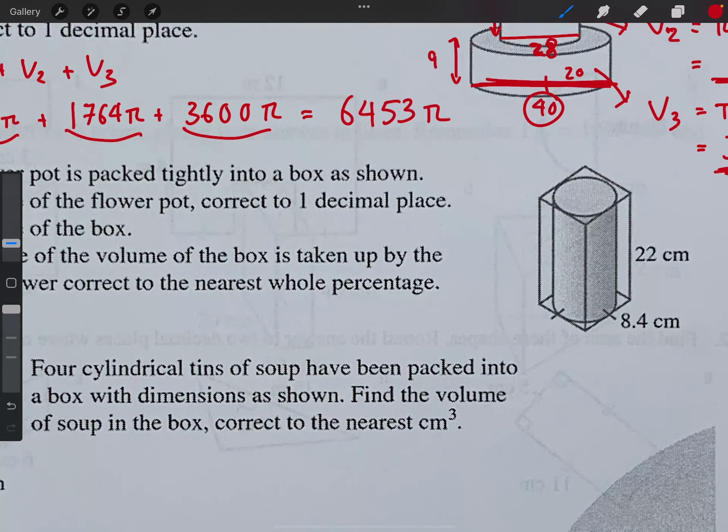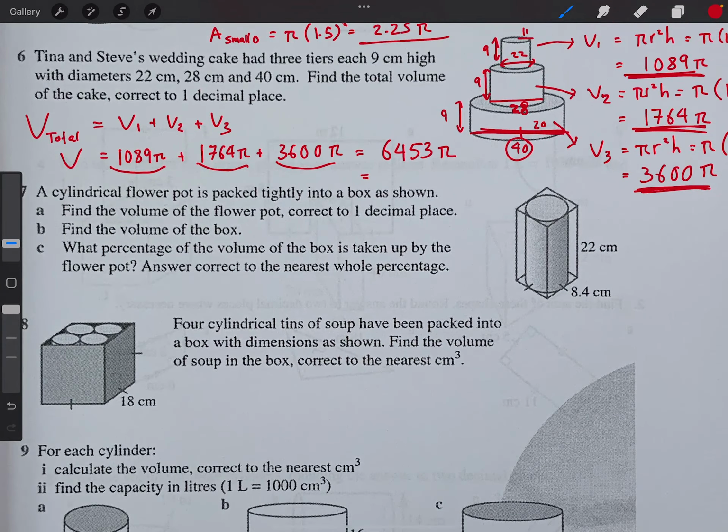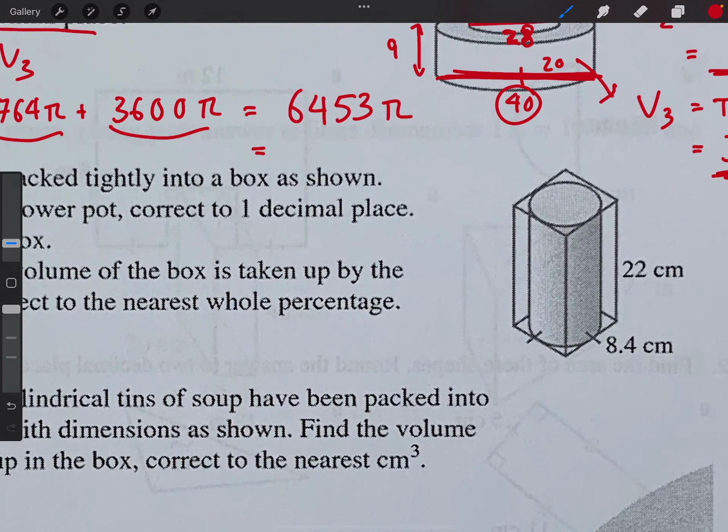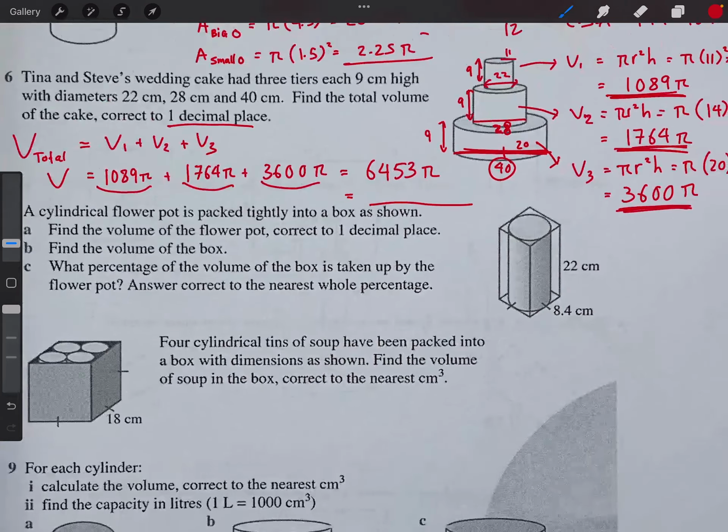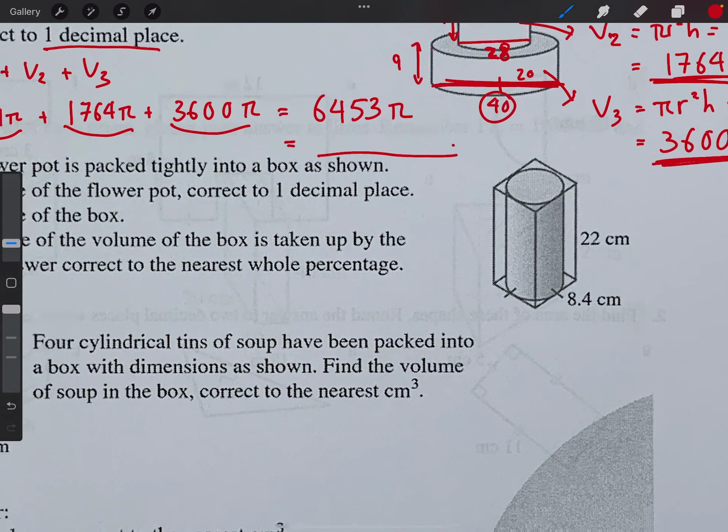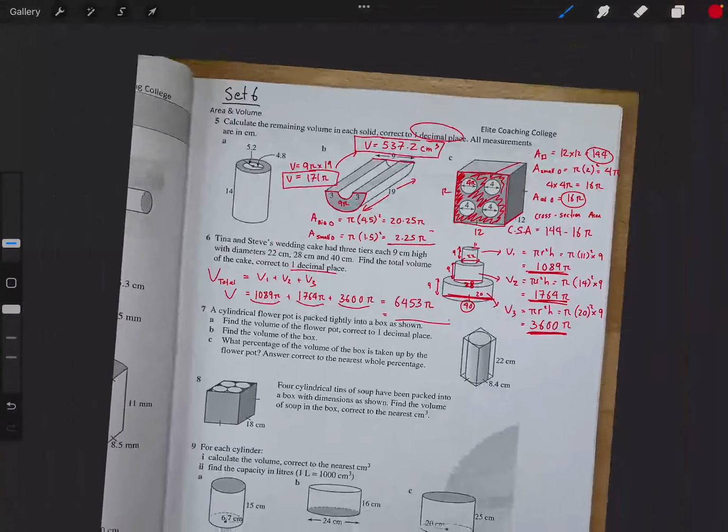Now if you want to find the decimal equivalent, so it says to one decimal place, put it into the calculator, do 6453 times pi, and you get the answer. I'm not going to write it in, you can do that yourself and put it to one decimal place. I think I've been giving away too many answers in here.